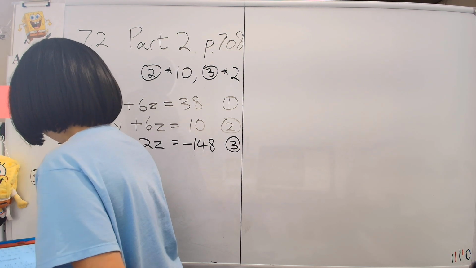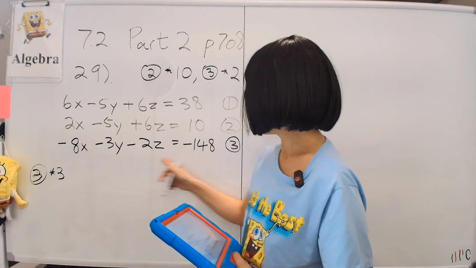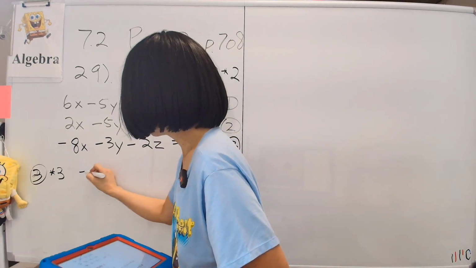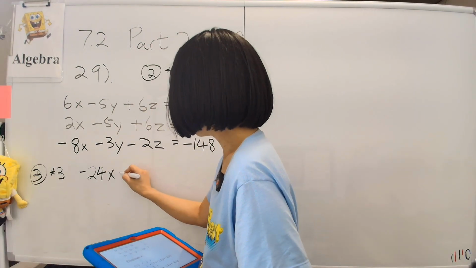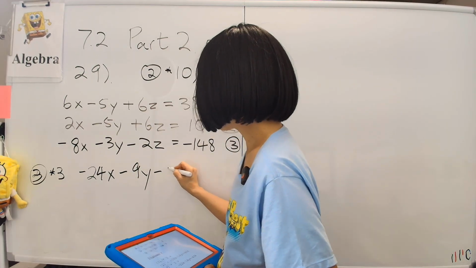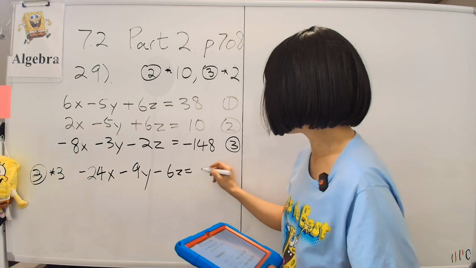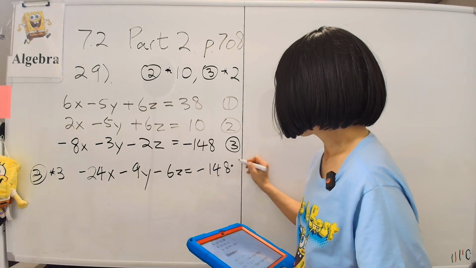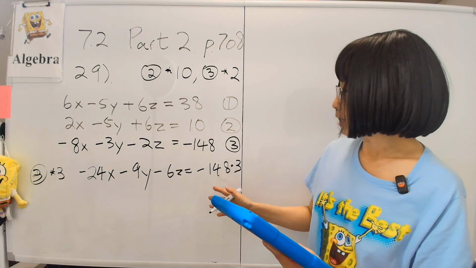That minus 8 becomes minus 24x. Minus 3 becomes minus 9y. Minus 2 becomes minus 6z. And then minus 148 times 3. We'll just write it that way for now.